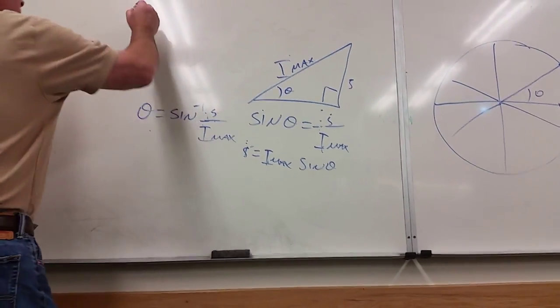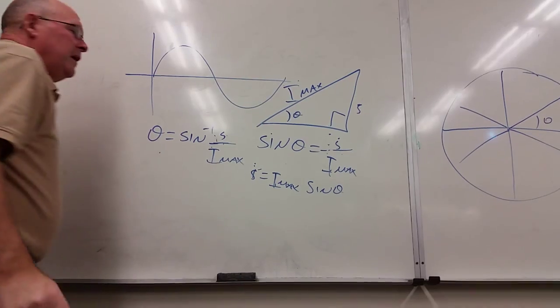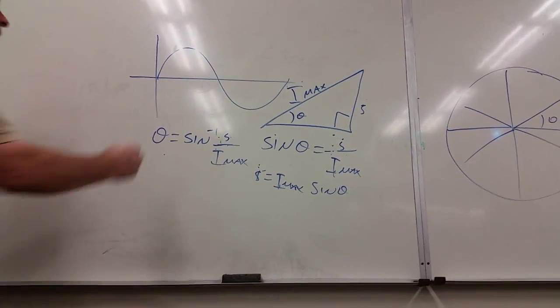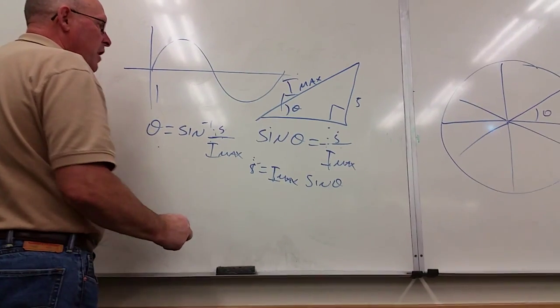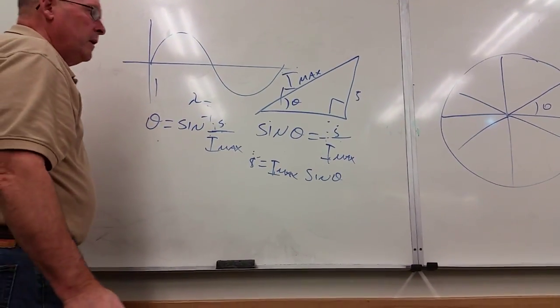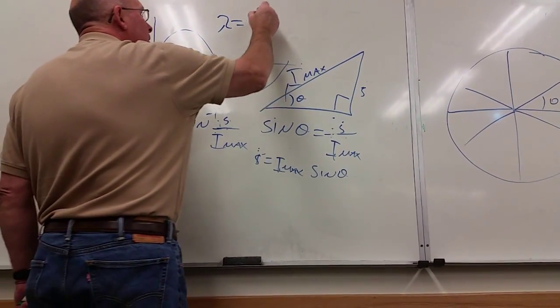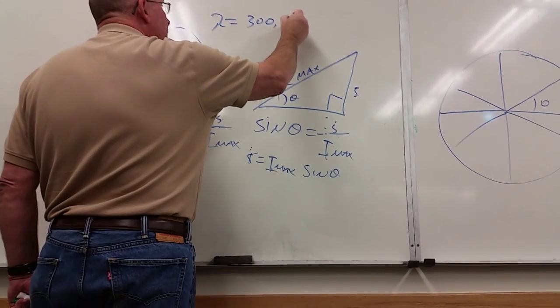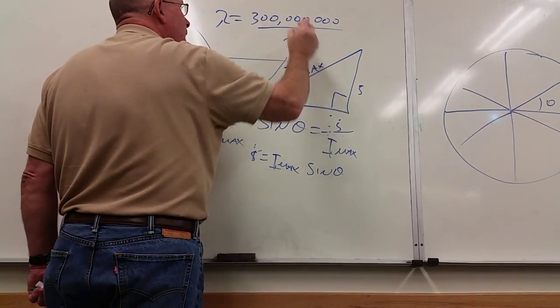Now we understand everything about a sine wave. This length is called what? One cycle. It also has a wavelength, doesn't it? And that wavelength is equal to what? Okay.